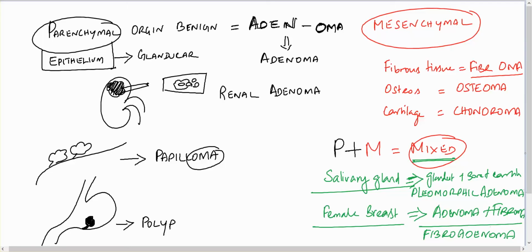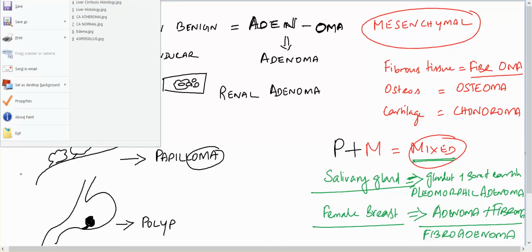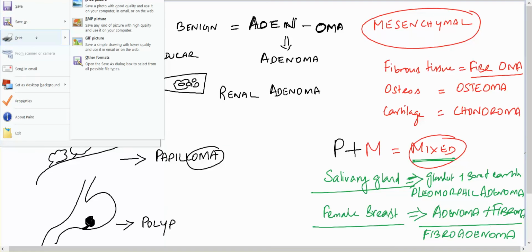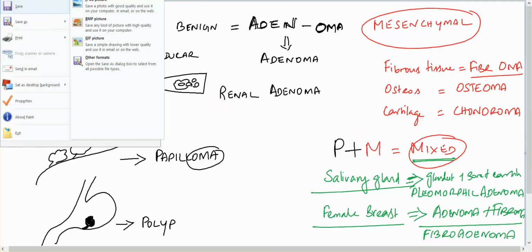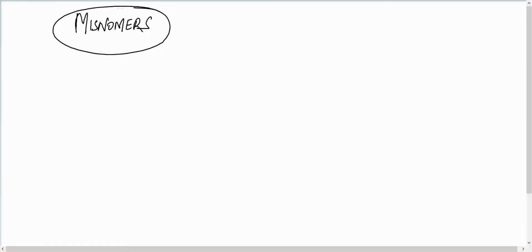Now there are some tumors that are given a name like a benign tumor, but they are not benign tumors. So they are called misnomers.